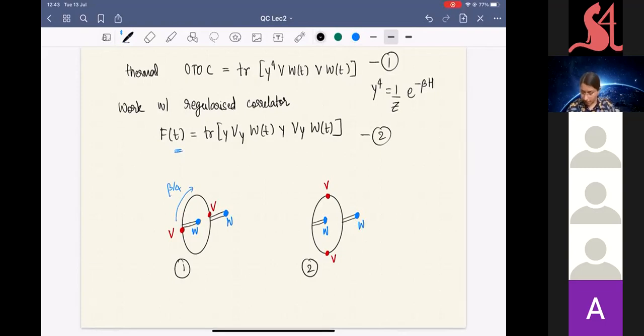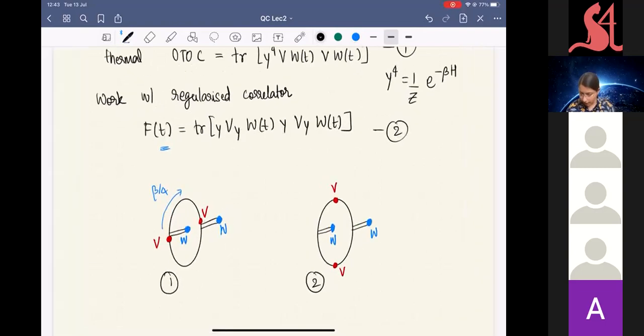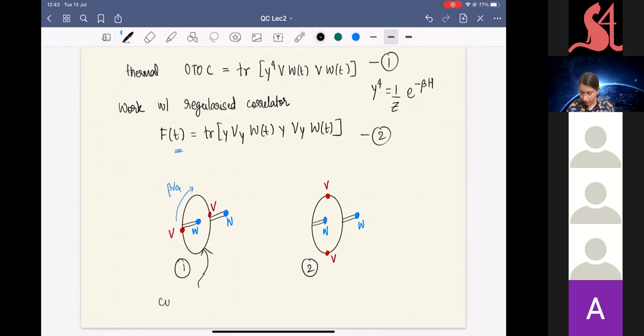Okay. All right. So the circle is the imaginary time circle, and these protrusions are real time evolution.